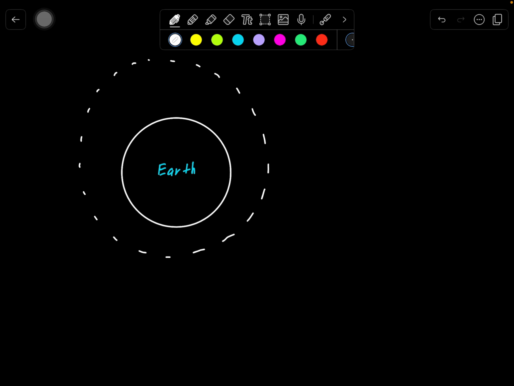The area in which the Earth is able to attract other masses towards itself is referred to as the gravitational field. First of all, remember that that attraction is gravity, and the direction is towards the center of the mass.